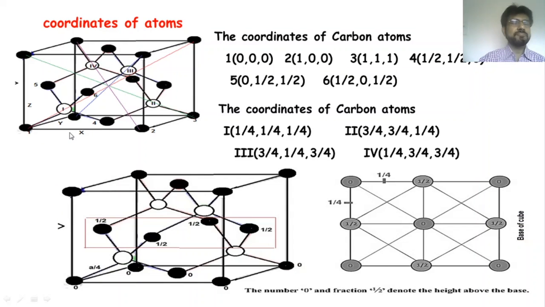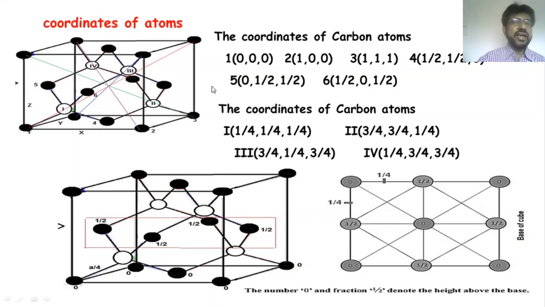Now if we consider the carbon atom which is at this origin, its coordinates are 0, 0, 0. Second, if we consider this, its coordinates are along the x-axis, so its y and z coordinates are 0. Therefore its coordinates become 1, 0, 0.